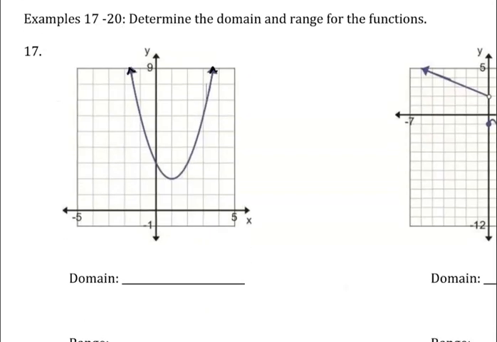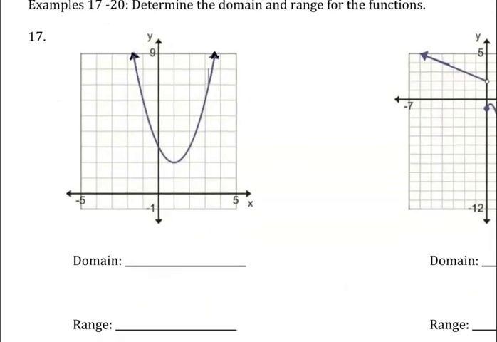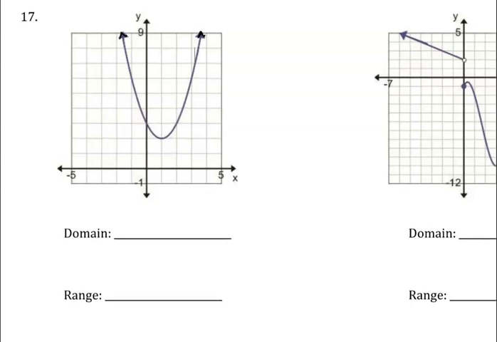So for the domain, we're looking for the set of x values. Well, every single x value is in the domain of this function. The domain of this function is all real numbers. And we know that because, like I said, this graph gets wider and wider. So every value of x, let's say I choose the value of x = 4, is in the domain of this function, because I could find a point on this graph.